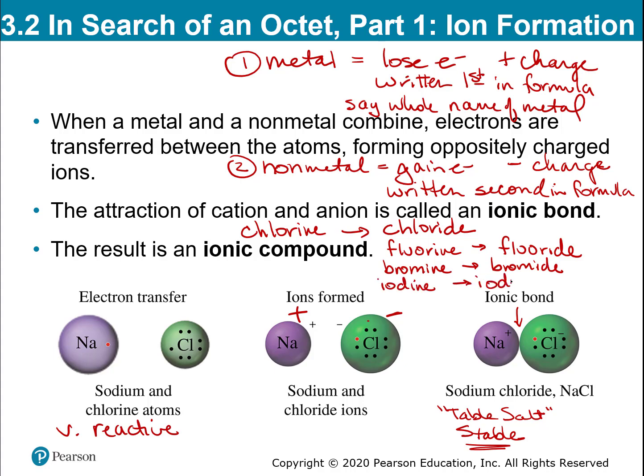Iodide. What about oxygen? It is oxide. So it's just the OX and then IDE. What about nitrogen? Nitride. It's the NITR. It's kind of like the first part of the nonmetal plus IDE.